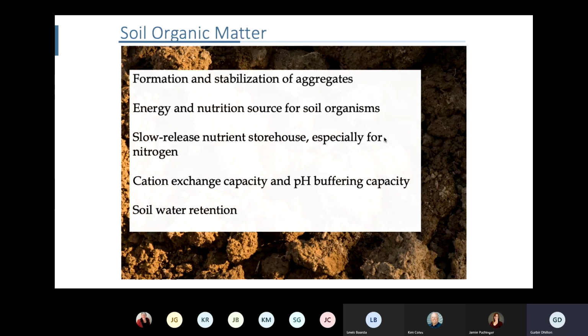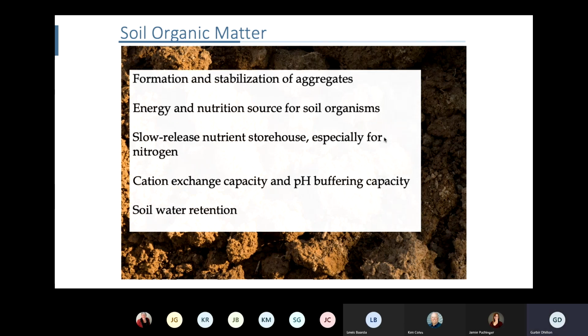One of the most important parameters for soil health is soil organic matter. It exerts a dominating influence on many soil physical, chemical, and biological properties. The previous videos showed the importance of organic matter in maintaining aggregate stabilization.